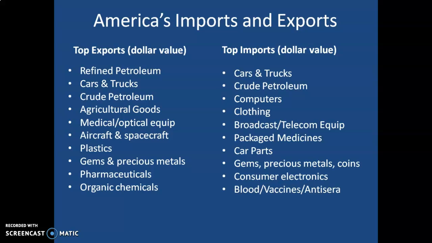We also import a lot of the same. How do you like that last one too? We import a lot of blood and vaccines and anti-sera. Anti-sera is basically antidotes to things like poisons and other bacterial infections. So that's a major item of import into the United States.